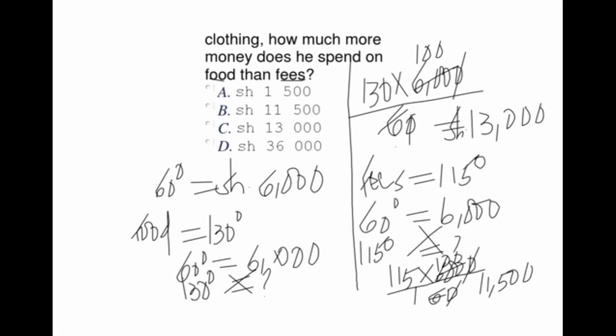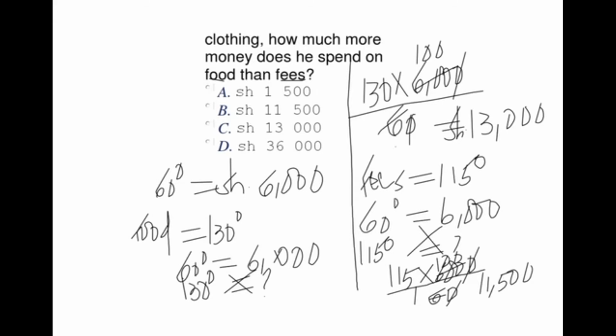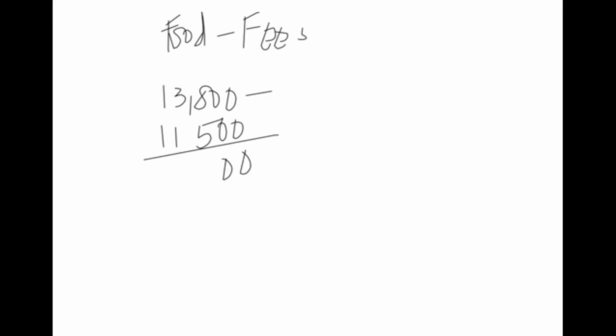Then we are going to subtract the expense of food minus that of the fees. So we have 13,000 minus 11,500. So this is 0, 0.